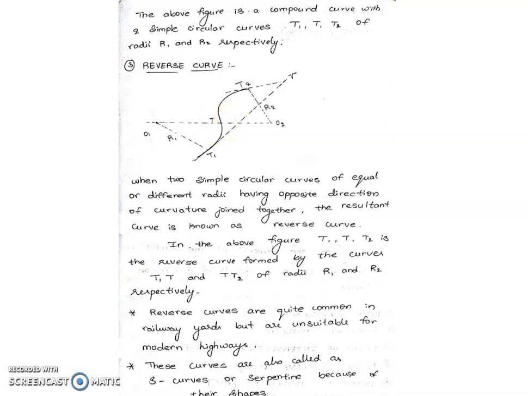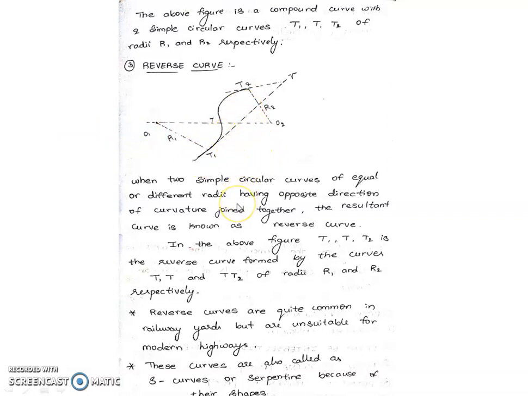You can see this is one curve, this is another curve, with radii R1 and R2, equal or different, and having opposite directions of curvature. This one turns towards here, this one turns towards there, in opposite directions, but they are joined together at a point. That is called a reverse curve. So here T1, T2 is the reverse curve of different radii R1 and R2.